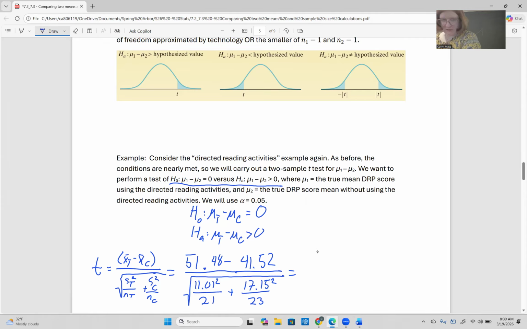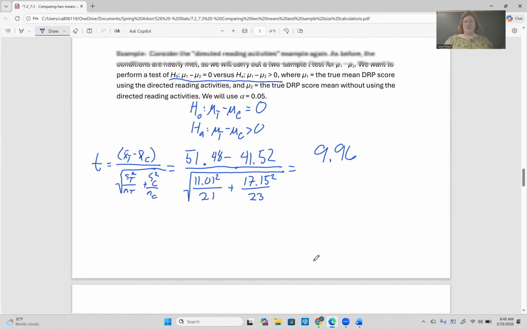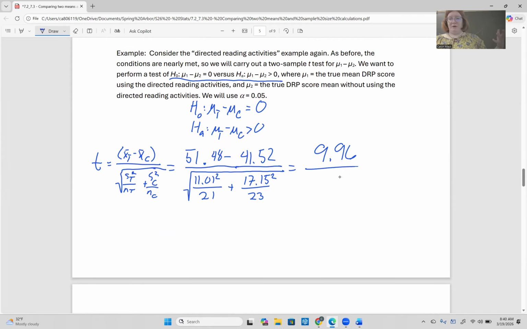And so this top part we know is 9.96 from our confidence interval. We already did that subtraction. And Matt, what did you say the square root one was? 4.308. 9.96 divided by 4.308.